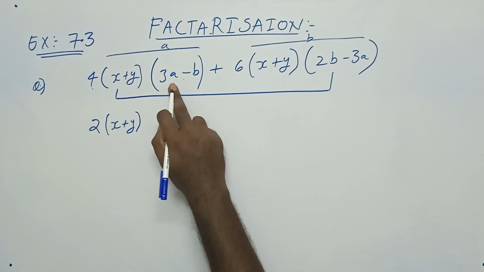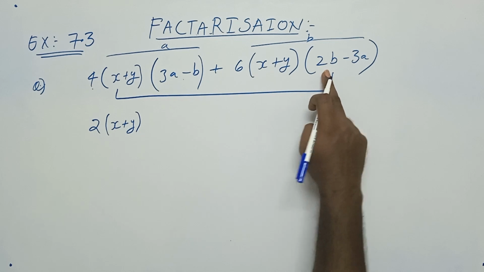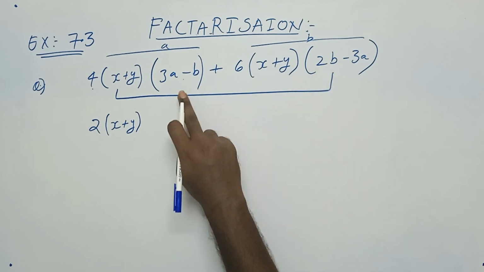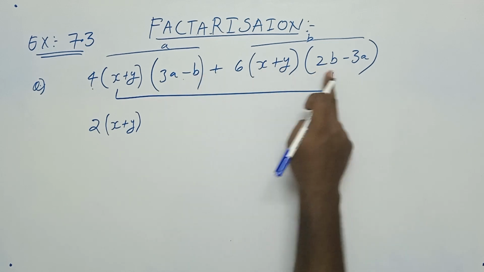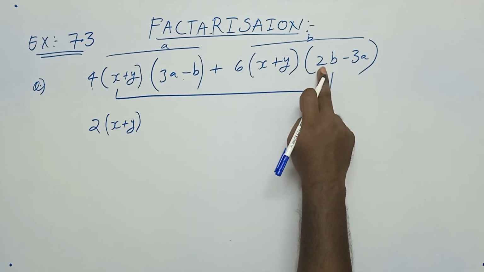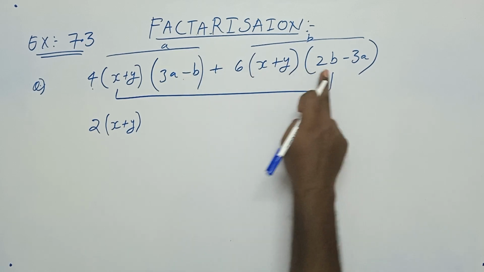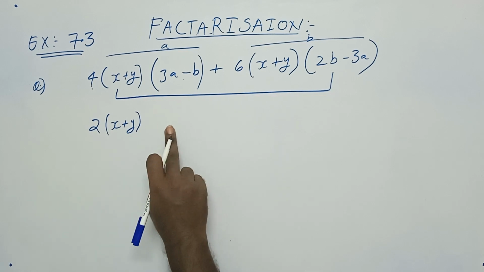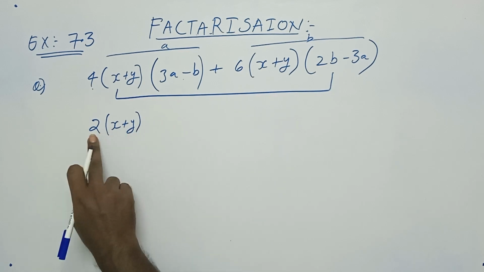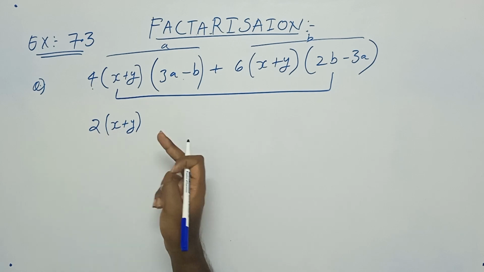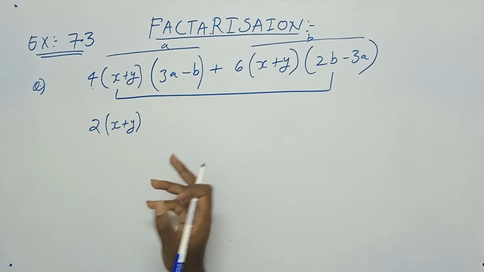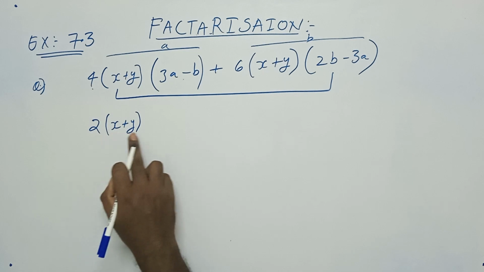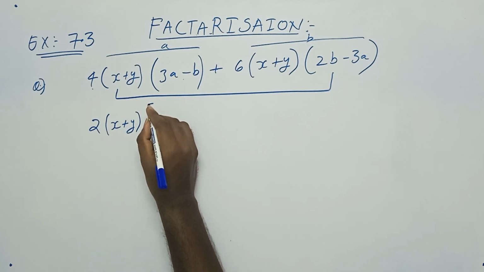And 3a minus b and 2b minus 3a are not common, so we take the HCF as 1. 1 into 2(x + y) is 2(x + y), the value doesn't change. So 2(x + y) is our HCF.